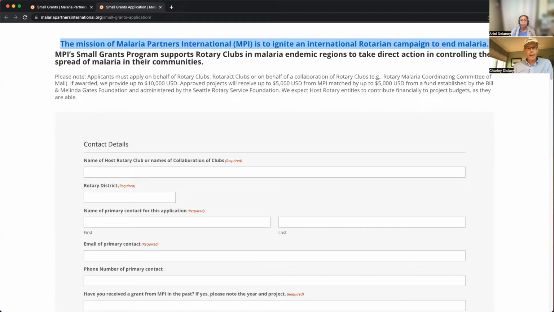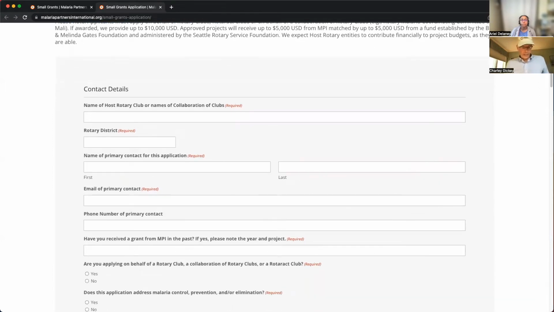So with that, I've already explained some of the pieces, the first part there. The contact details are basically the names and places where the project is going to take place.